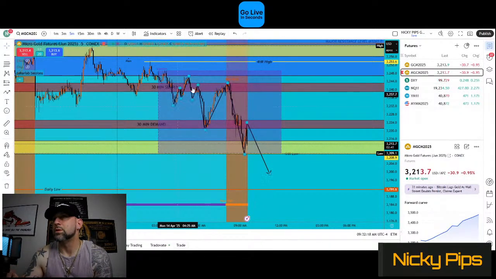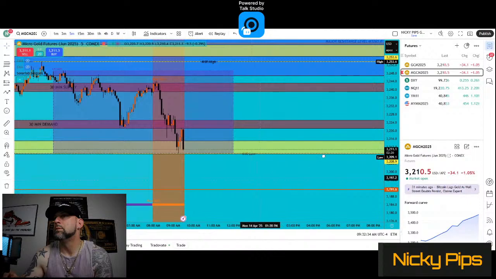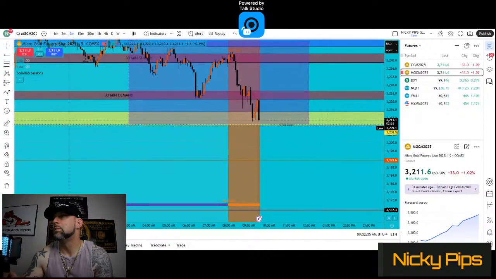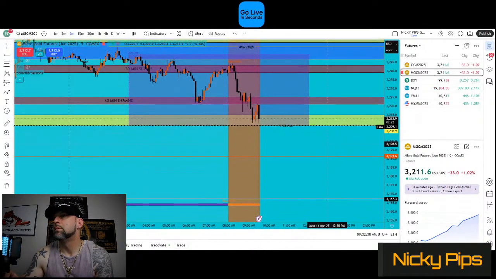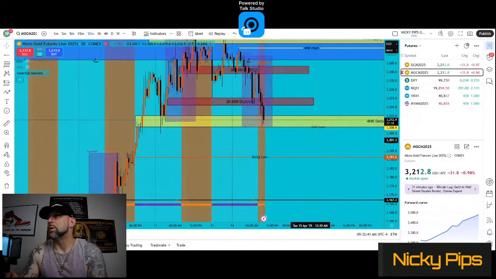So it wasn't so much here, it was here. We had a huge push up and a huge push down. So we broke some areas of support here. So we can see here we have a huge push down right now. But again, we have to see if it's going to respect this 4-hour low.